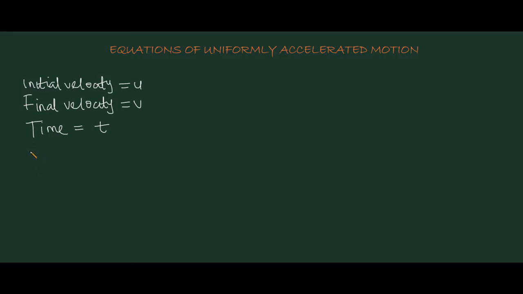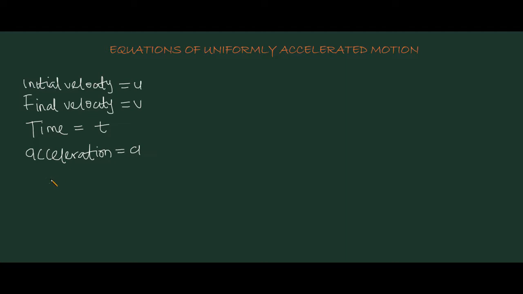We have our acceleration. The initial velocity thereby increases by a numerical value of a for each second that it moves. Therefore, the increase in velocity in time t to a final velocity v will be equal to acceleration times time.